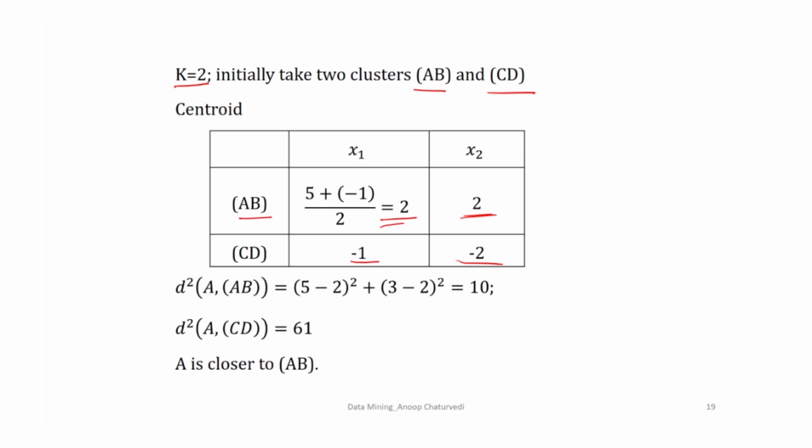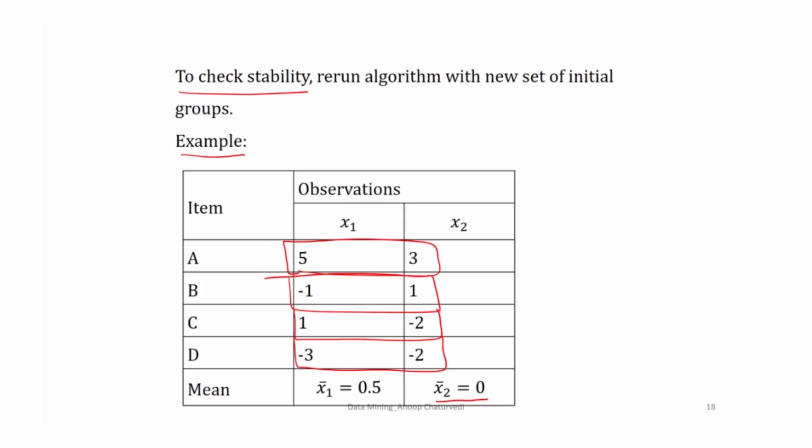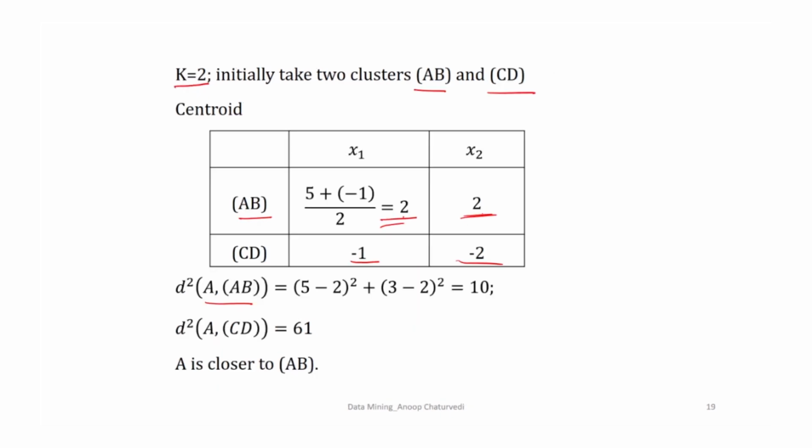We compute the distance of A from CD. Then d square AAB is equal to, this cluster AB is now represented by the mean vectors 2, 2. And for A, the observations are 5, 3. So, you have 5 minus 2 square plus 3 minus 2 square, that is 10.